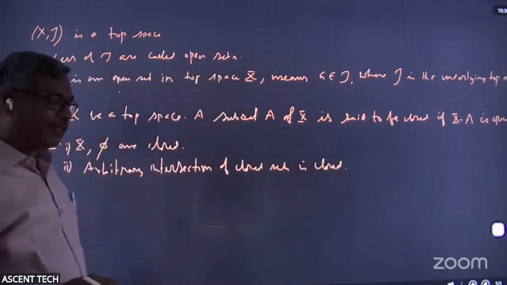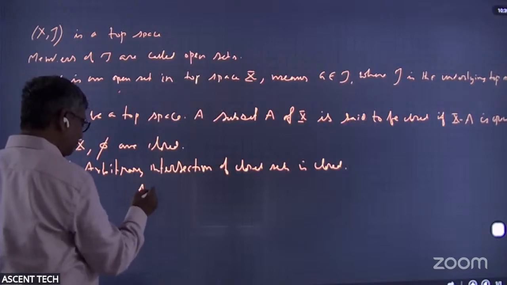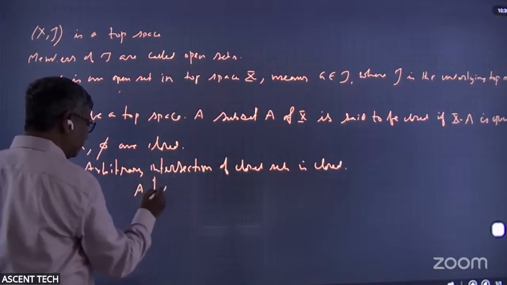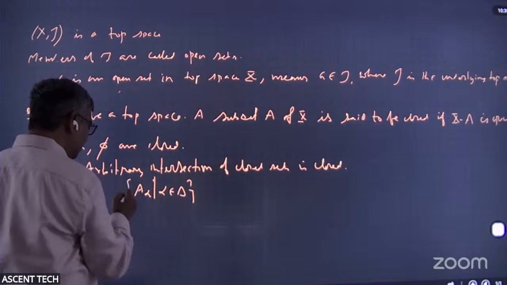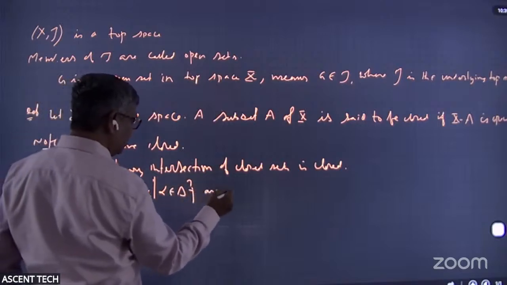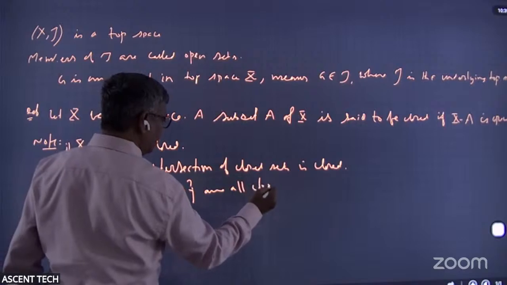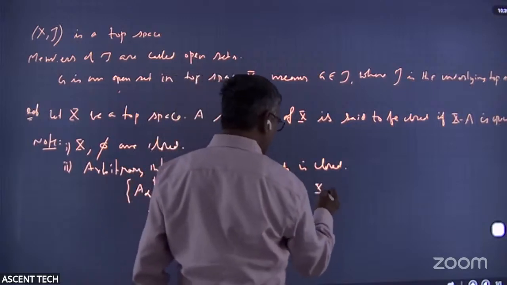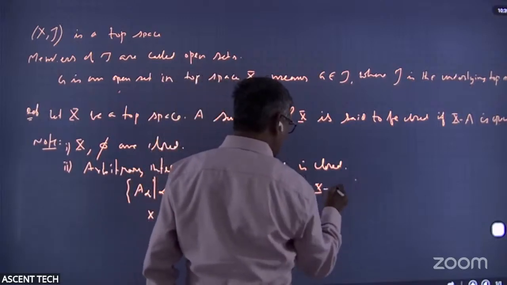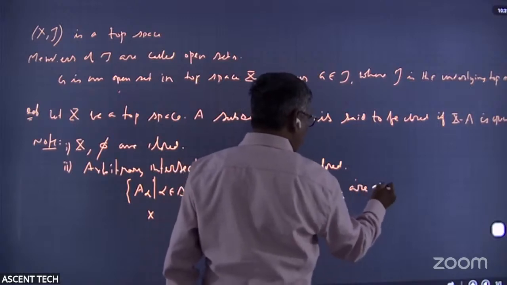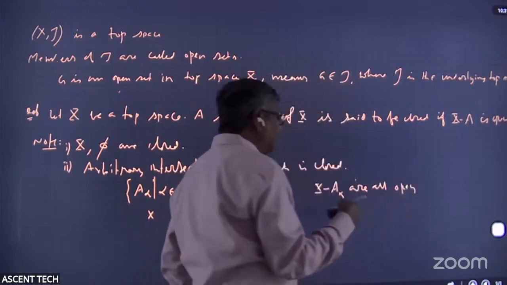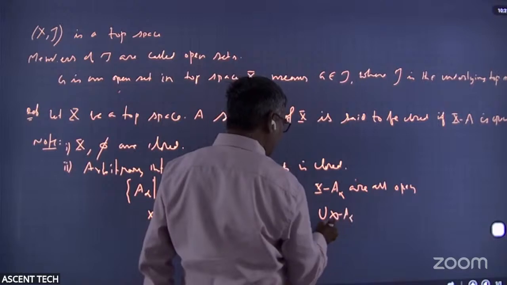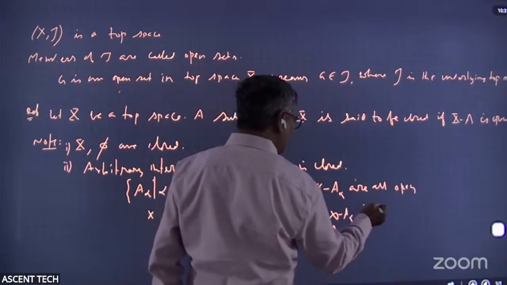Okay, you can see what happens if you take an arbitrary collection of closed sets A alpha, alpha in delta. Suppose they are all closed. Okay, then X minus A alpha are all open. And the arbitrary union of open sets is open, and therefore the union of X minus A alpha, alpha in delta is open.